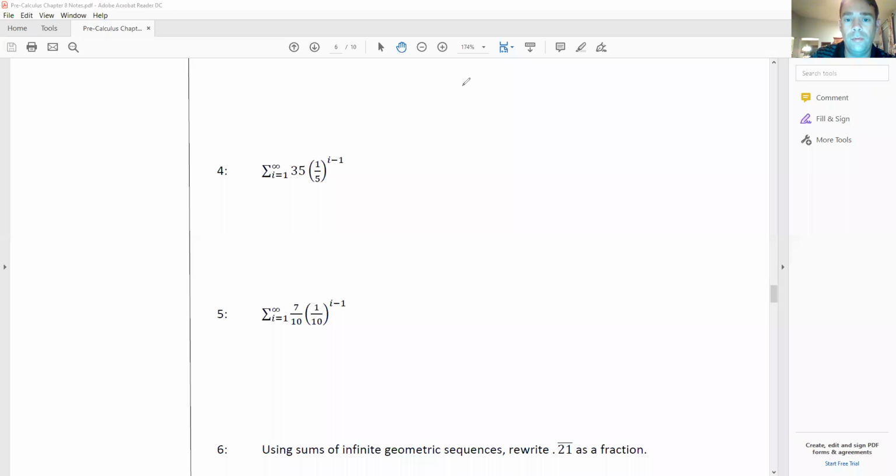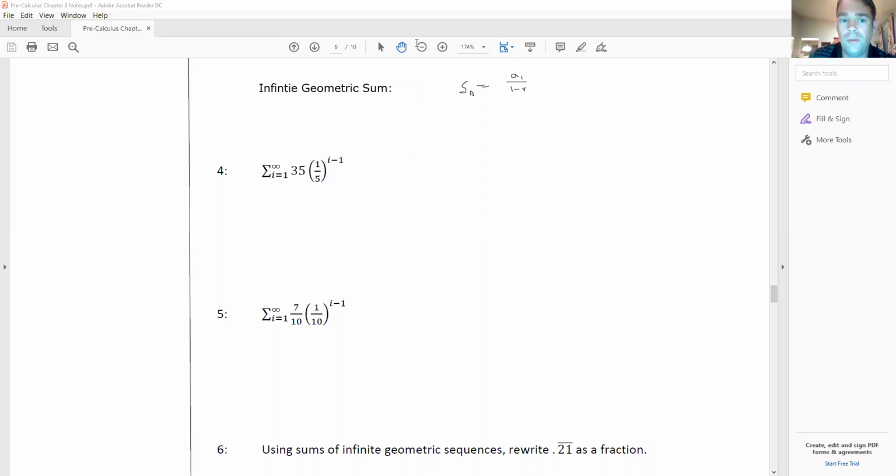So we have, if it's infinite, we said it was a sub 1 over 1 minus r. So this is an infinite geometric sum.